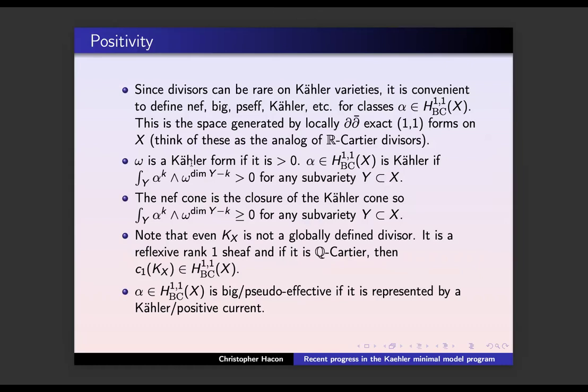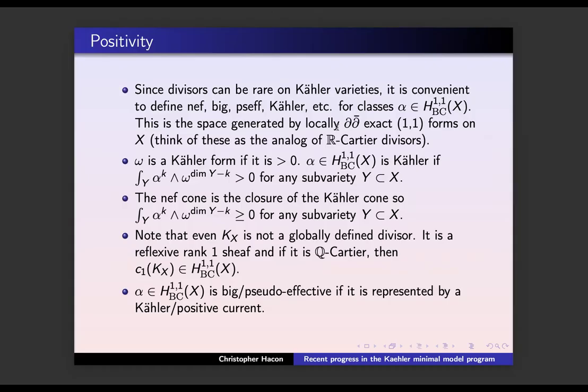So let me begin by recalling the various definitions in the analytic context, because there are some changes that we need to consider. So the first thing I would like to point out is that divisors can be very rare on Kähler varieties. So instead of considering divisors or Cartier divisors, I would like to focus on (1,1) classes. But since we're talking about possibly normal, but possibly singular varieties, there's a technical condition that is convenient to impose.